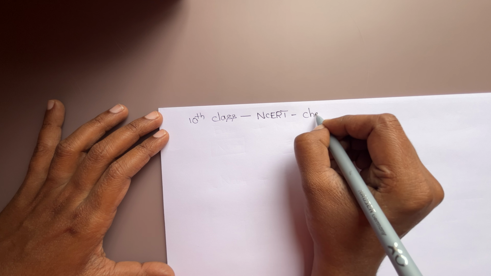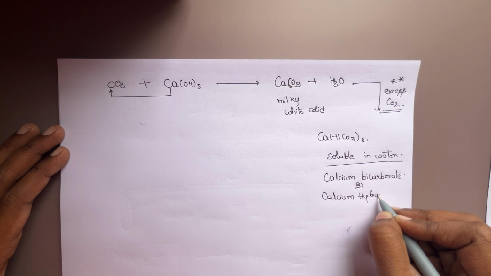This point is very important from the exam point of view. If you send excess carbon dioxide to the lime water, then soluble calcium bicarbonate is formed. This is calcium bicarbonate, or calcium hydrogen carbonate also we can say, one and the same.